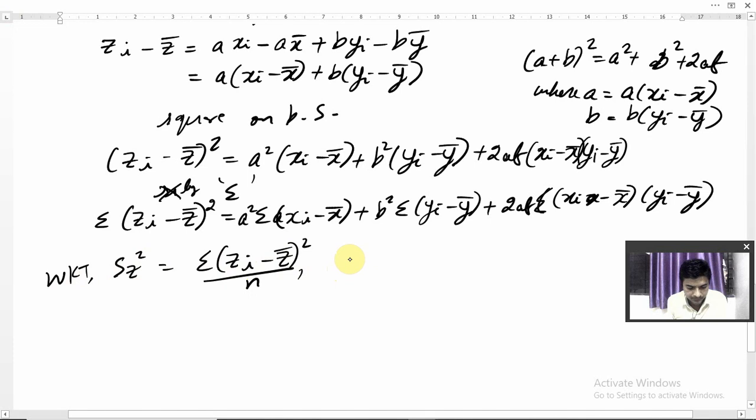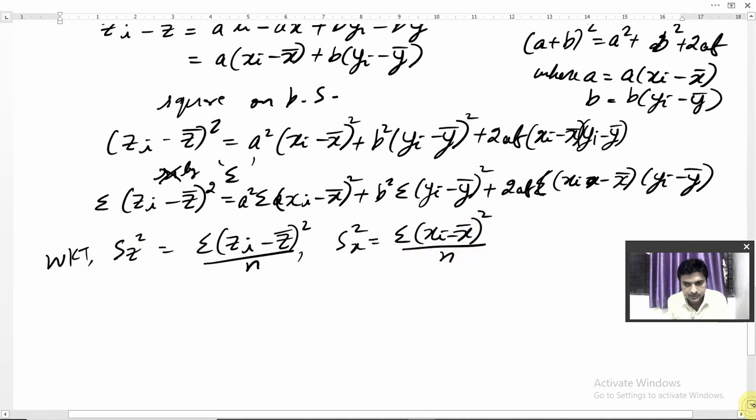Similarly, sx square is equal to summation (xi minus x bar) the whole square divided by n, please remember the square is there.